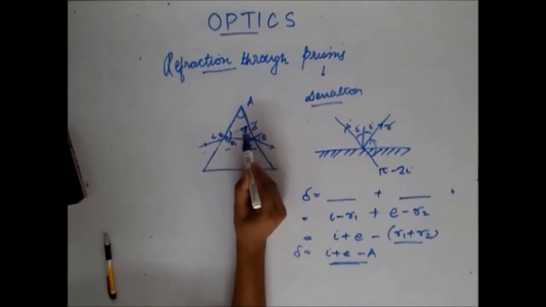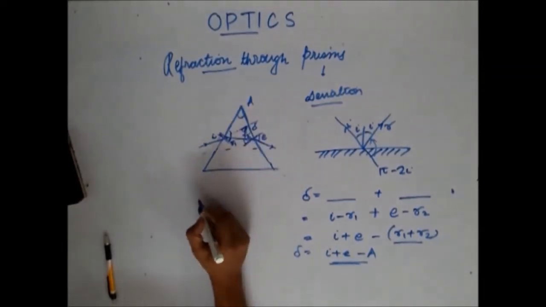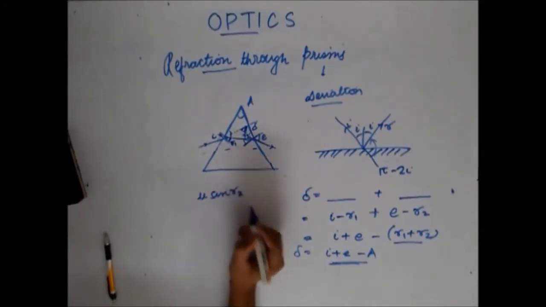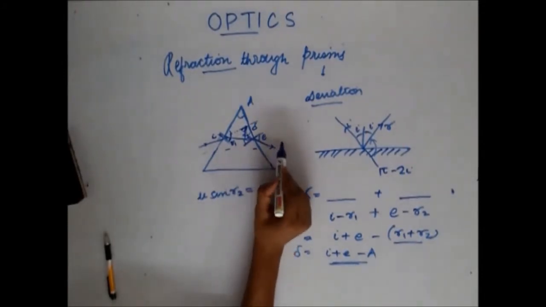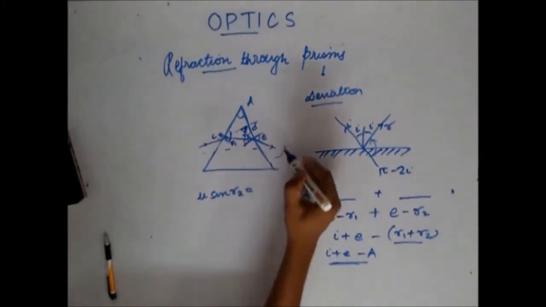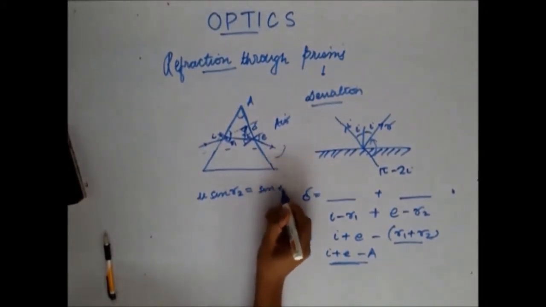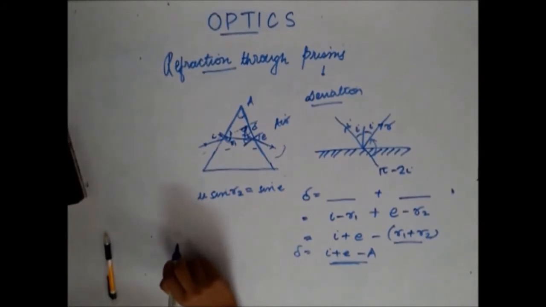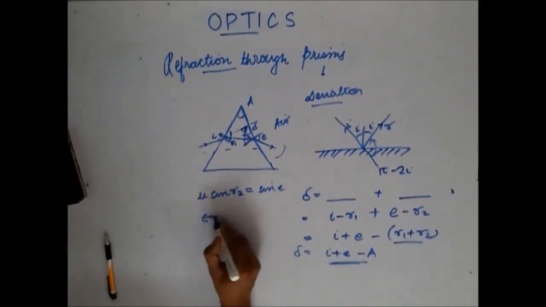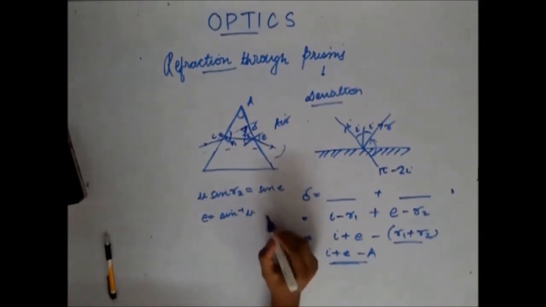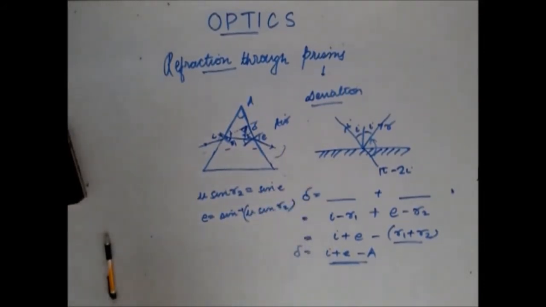If I apply Snell's law at this refraction point, I know that mu into sine of R2 is equal to sine of E, where the mu here is 1 because this medium is air. That means E is equal to sine inverse of mu sine R2. Right? Okay. So let's replace that.